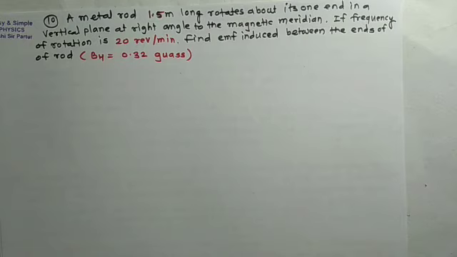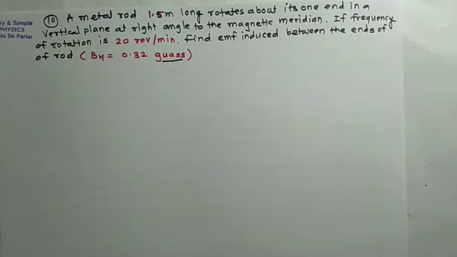If the frequency of rotation is 20 revolutions per minute, find the EMF induced between the ends of the rod. Here BH is given as 0.32 Gauss.